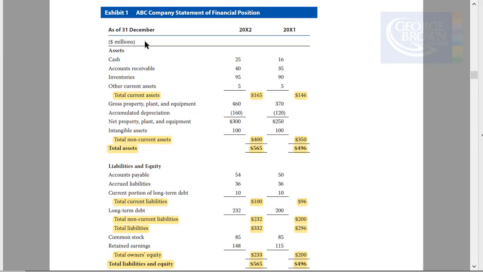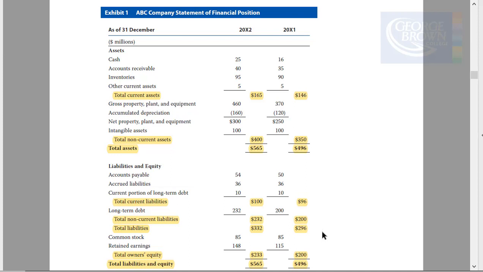Another thing to note is that the statement is in millions. So if we look here at cash in 20X2, that is 25 million, okay? So recalling the accounting equation, remember assets equals liabilities plus equity. So here we can see total assets equals 496, total liabilities is 296, and total owner's equity is 200.